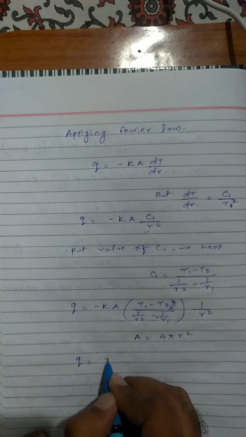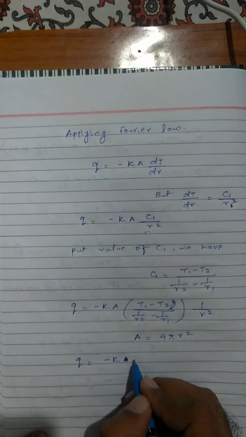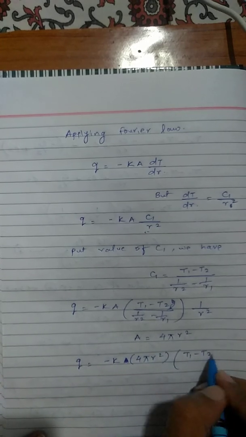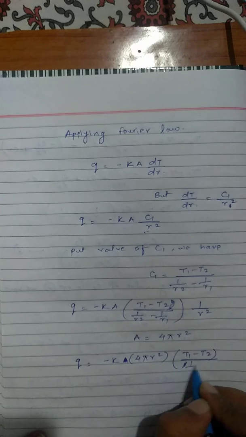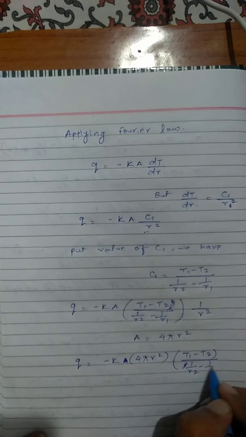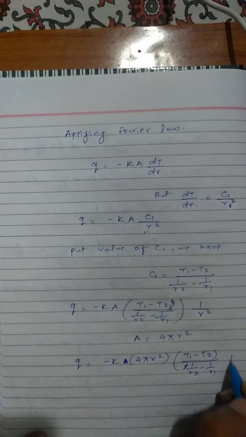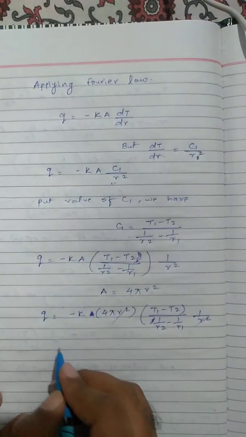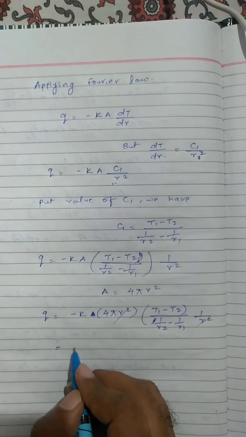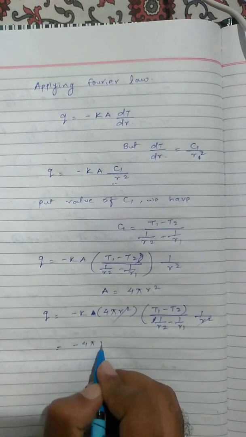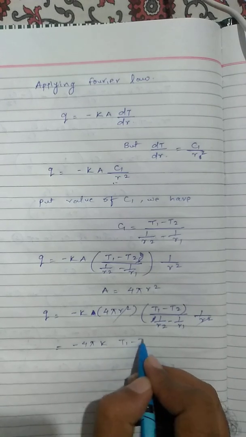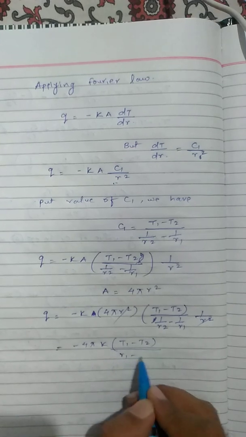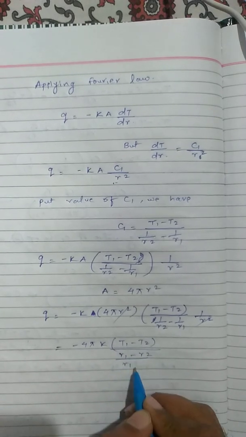So Q will become K, 4 pi R square into T1 minus T2 divided by 1 by R2 minus 1 by R1, divided by 1 by R square. R square and R square will get cancelled. So what you are going to have, minus 4 pi K, T1 minus T2, in the denominator will become R1 minus R2 divided by R1 R2.